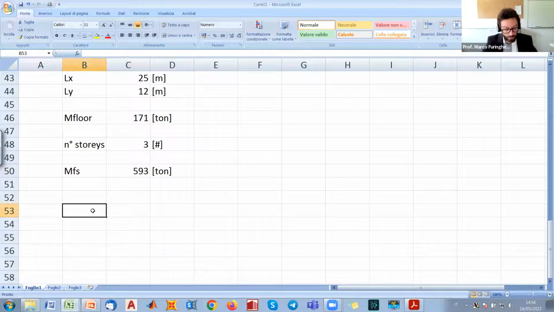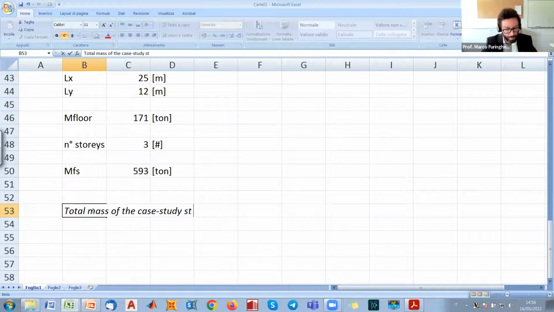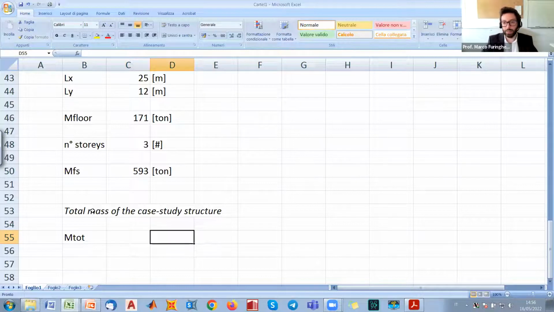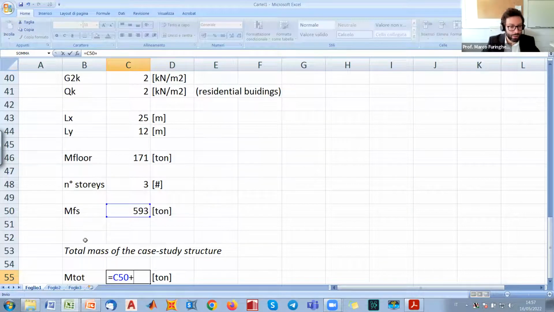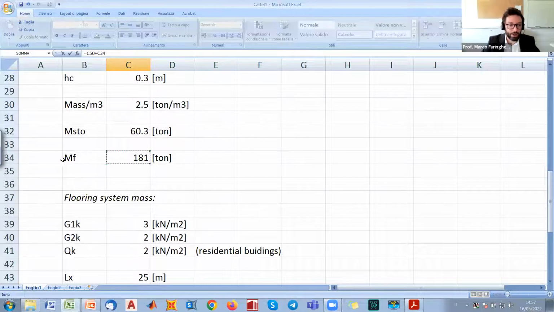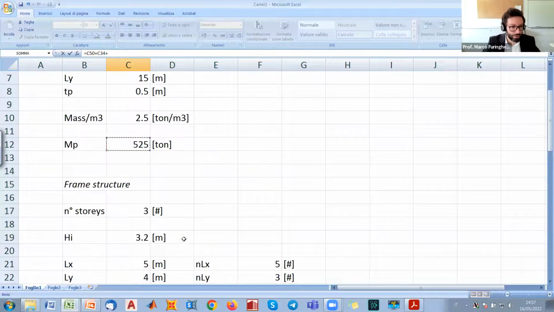So the total mass of the case study structure, what we call the M total in tons, is equal to the summation of all the contributions: the total mass of the flooring systems, coming from the external loads, plus the mass of the frame, plus the mass of the plate.